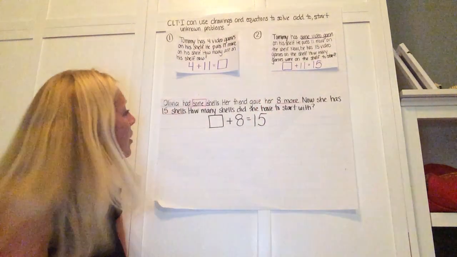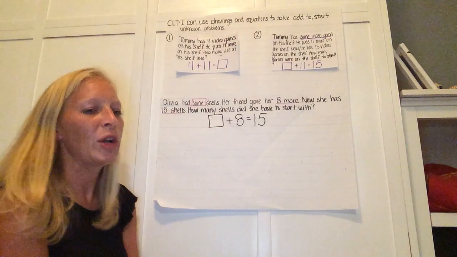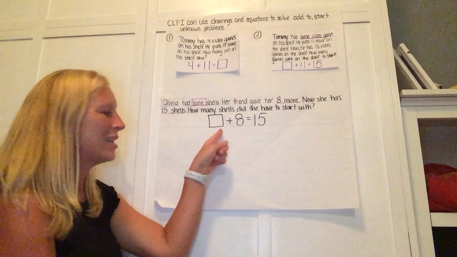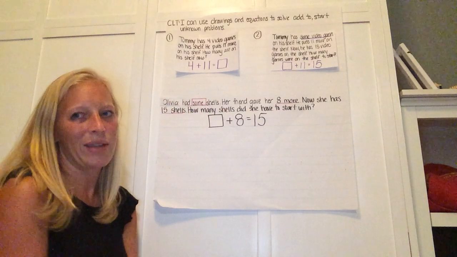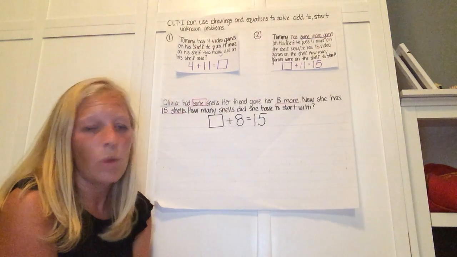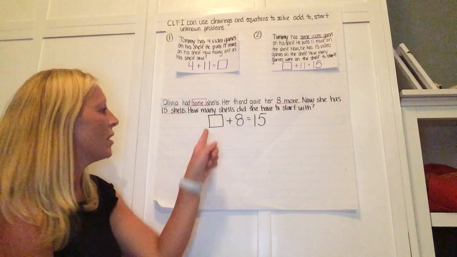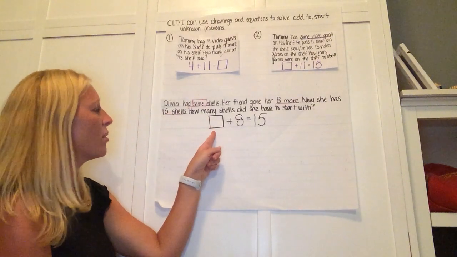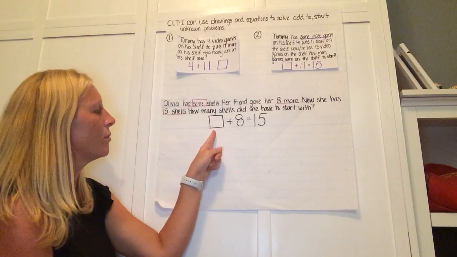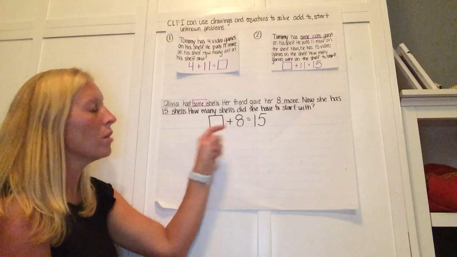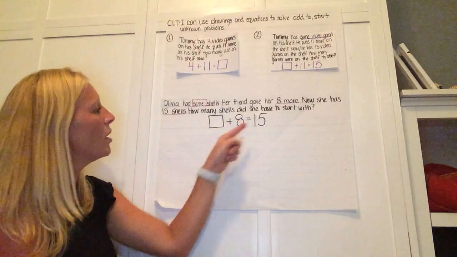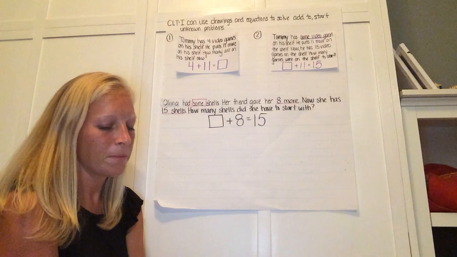All that agreement. Why do we agree? How does this match this story? That's really what we're trying to get at, right? We want it to match our story. These are some shells that she started with. Her friend gave her 8 more. And then she has 15 shells.